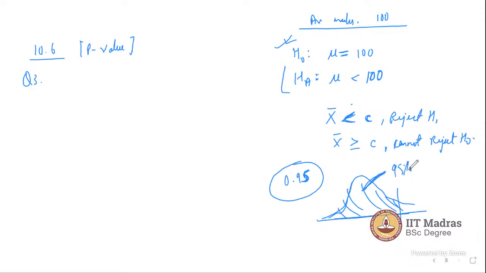So whatever happens, you are mostly rejecting your hypothesis. This tells me the confidence level actually. Yes, 95% confident that you are rejecting the null hypothesis.